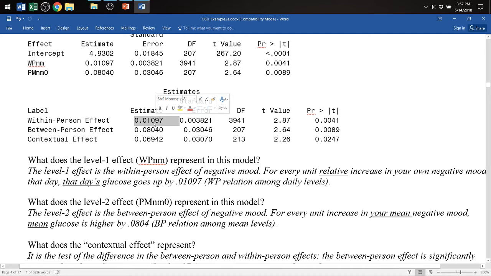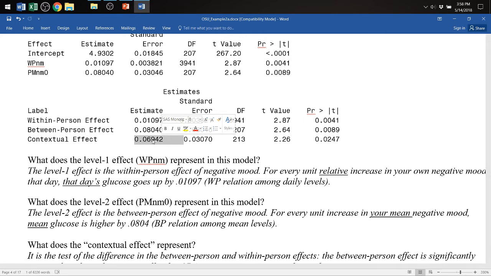If there was no extra influence after controlling for today's negative mood, if being a grumpy person had nothing to do with anything, then there is no extra contribution. This contextual effect for that extra contribution would be 0. The contextual effect is the extra effect of level 2 above and beyond controlling for the absolute value of level 1.